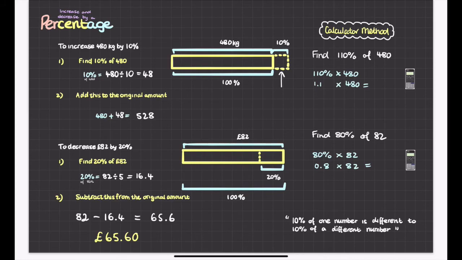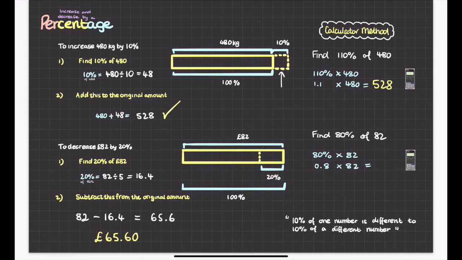Now, if you're not sure how to find the percentage button on your calculator, you could change this percentage into a decimal by dividing it by 100. So on my calculator, 1.1 multiplied by 480, and that gives me an answer of 528. So I know I must have done that correctly.